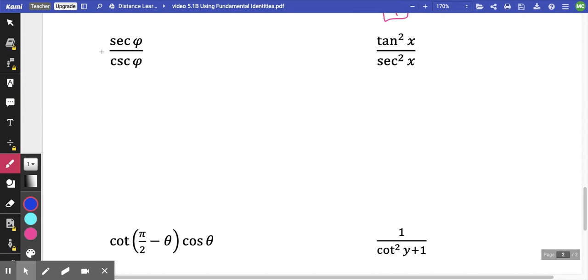So I think I'm just going to change everything into sines and cosines and see where that takes me. So for secant of phi, secant's reciprocal would be 1 over cosine. And cosecant of phi, the reciprocal function for cosecant is sine, so that would be 1 over sine of phi.